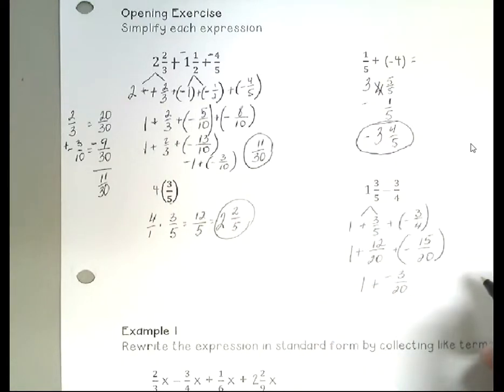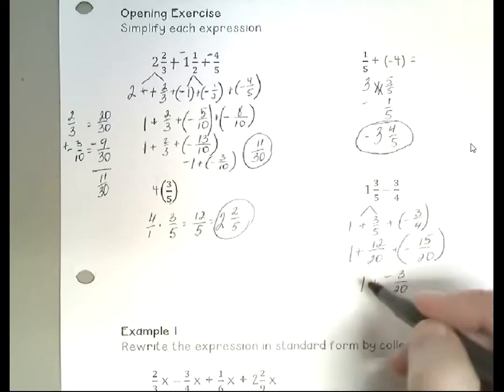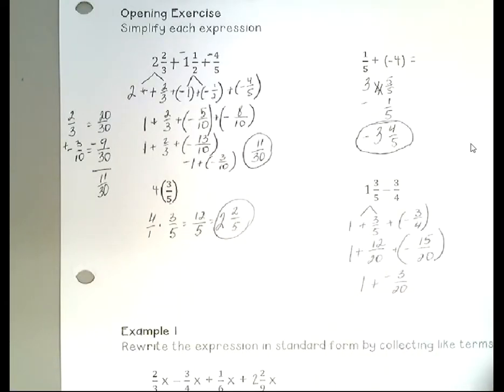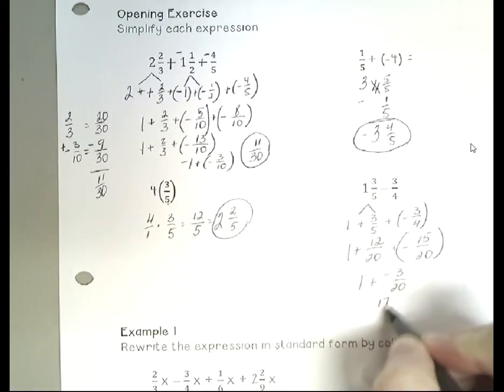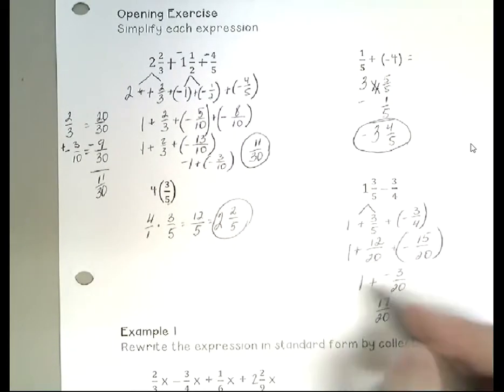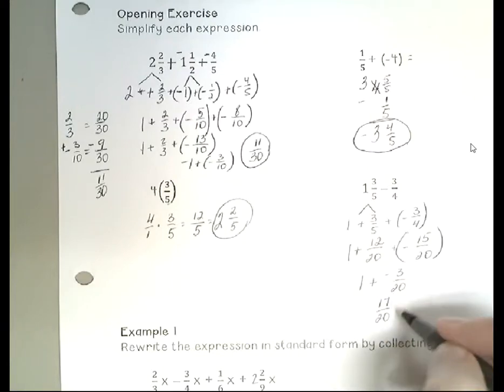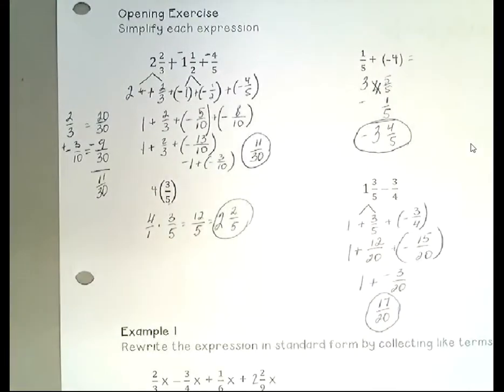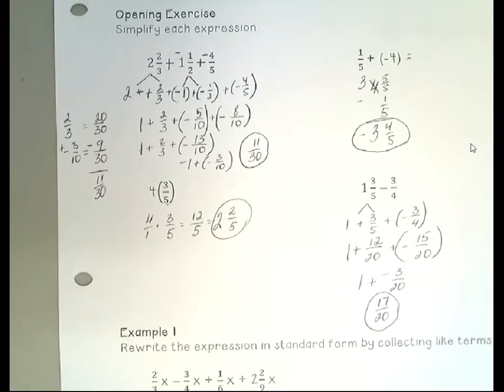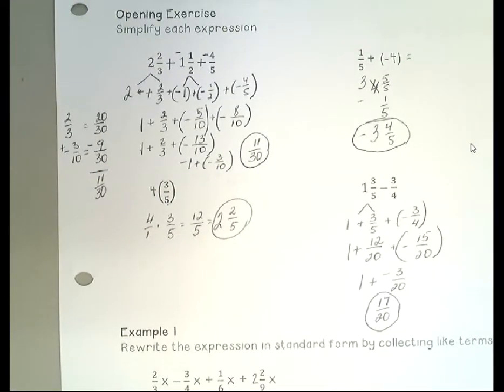So on the side, I will change my 1 into 20/20. So it will be easier for me to subtract 3/20, and I will get 17/20. Because I was taking away from a whole number and it was positive, my answer is positive. 17/20. Okay. So that is something that we already know how to do.